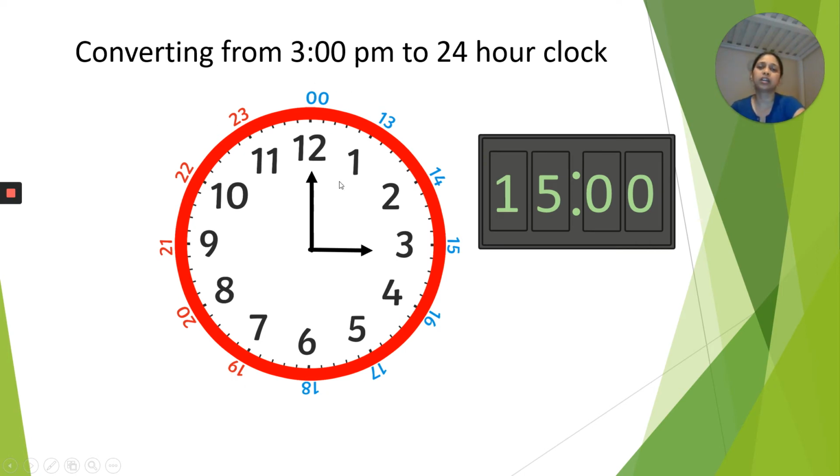On an analog clock it would be 3 o'clock, but now we're doing it in digital form, in the form of numbers, so you have a 24-hour clock, which is 4 digits, hours on this side, and minutes on this side. Your 3 in 24 hours will be 15, which is why it's 15 hours and 0 minutes.